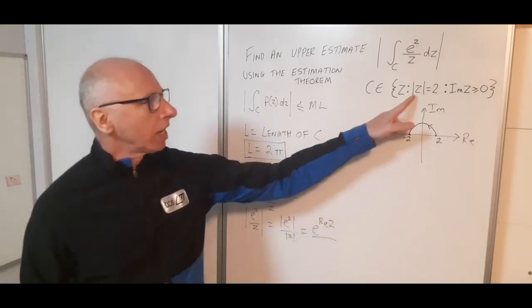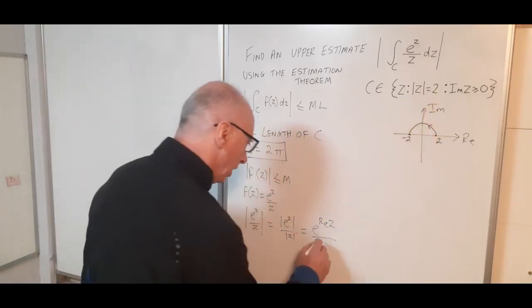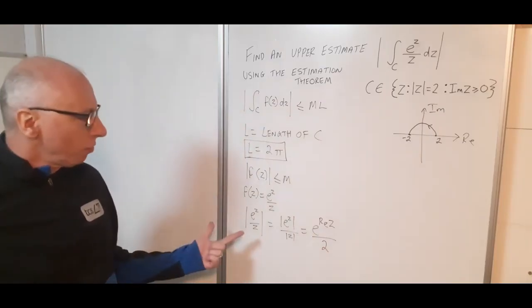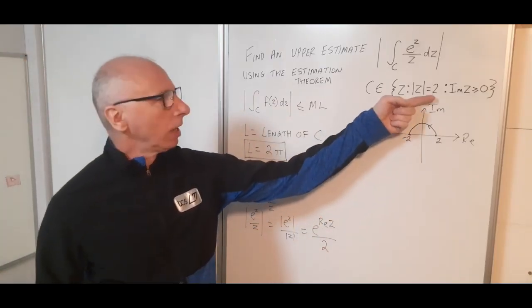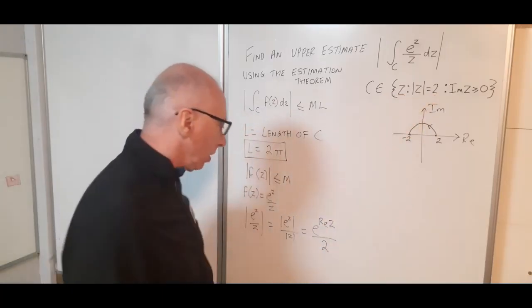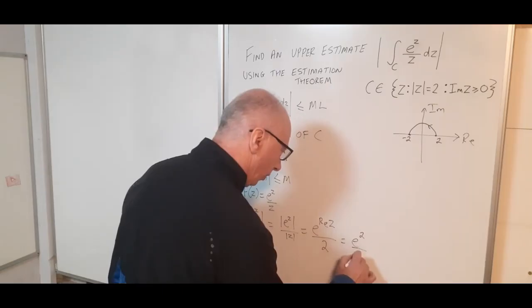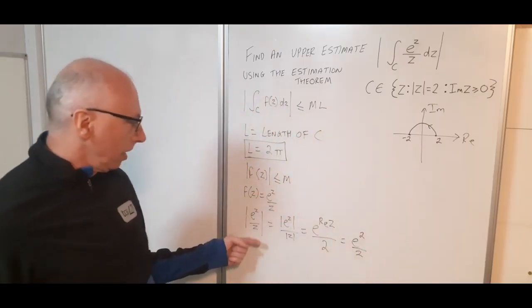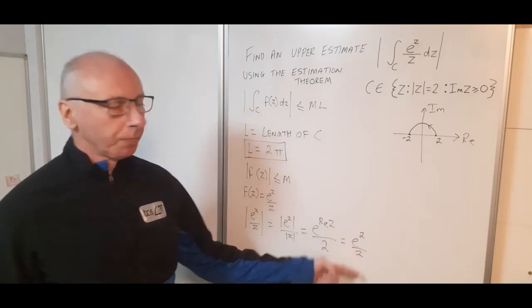Now the modulus of z is defined in the actual contour, which is 2. So that's over 2. Okay, now what's the real part of z? Well, that's just 2. So we've now got e to the 2 over 2, and the absolute value of that is just the same as this, because this is always going to be positive, e squared over 2.